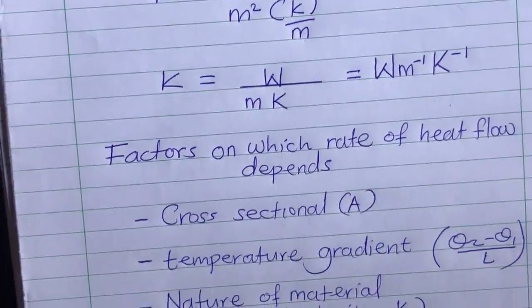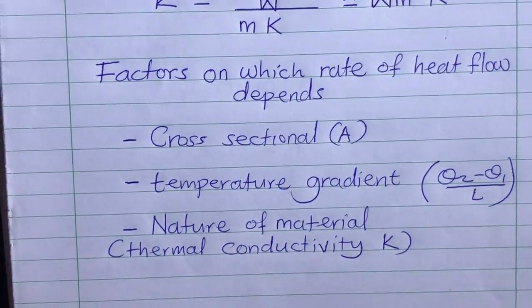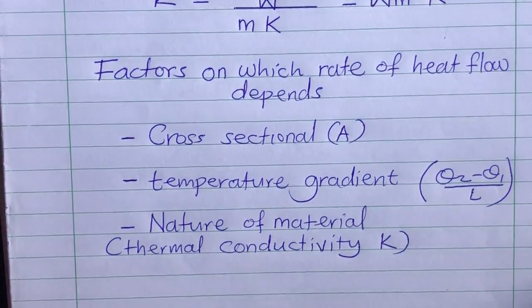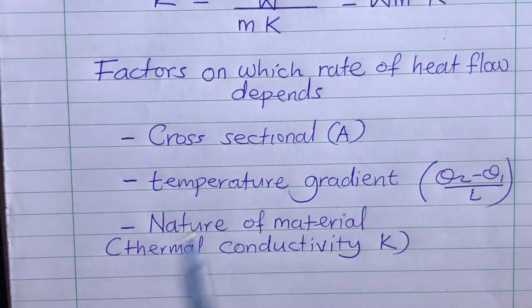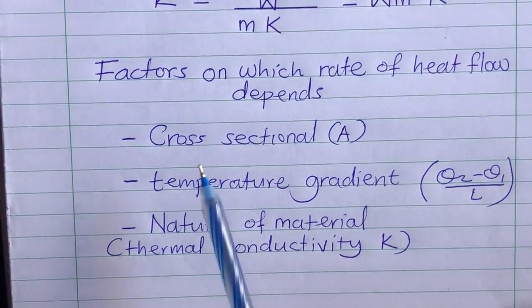So we also look at the factors on which the rate of heat flow depends. We've seen from the formula of rate of heat flow that there are three factors: the cross-sectional area, the temperature difference, and the thickness.